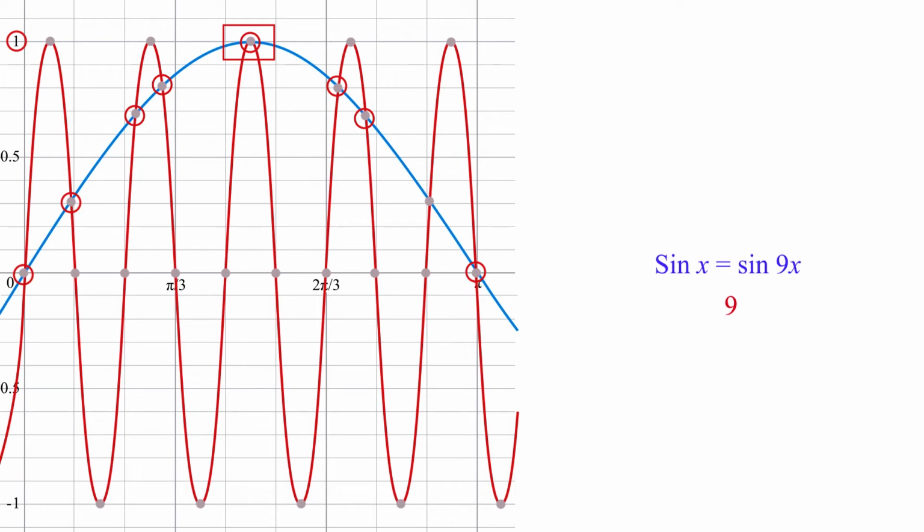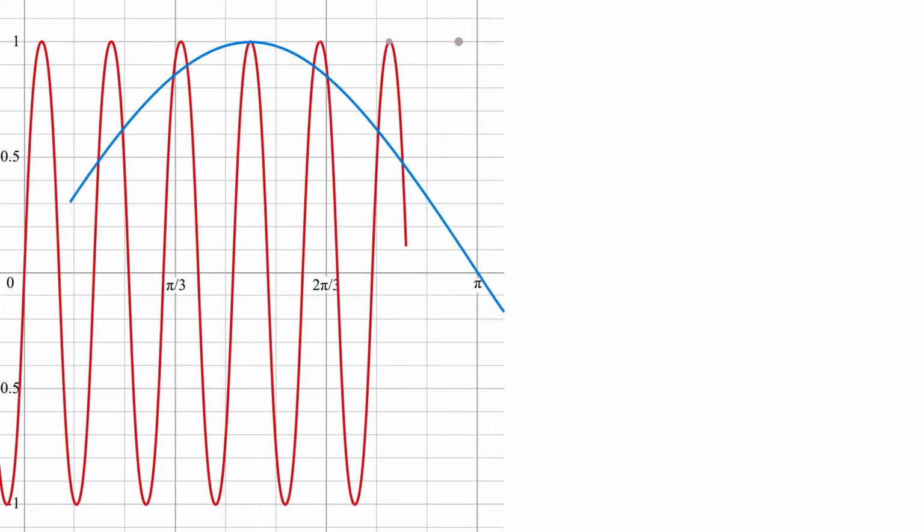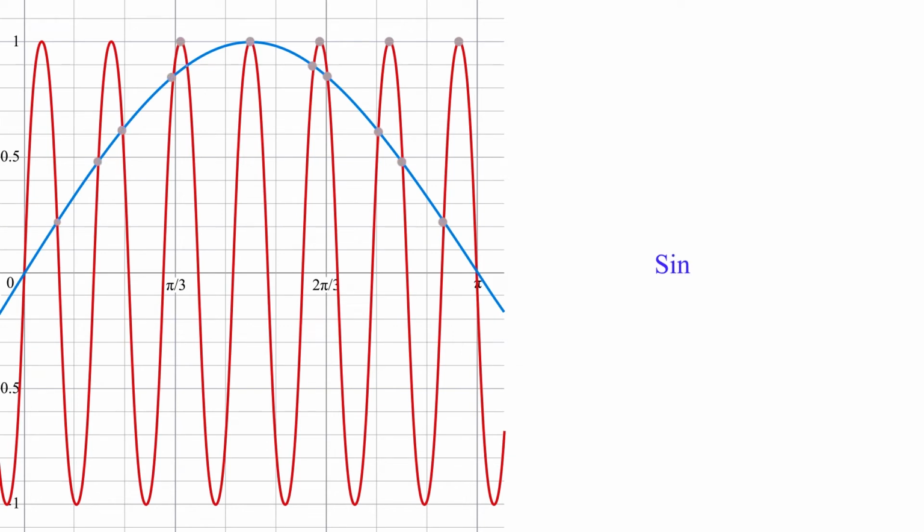middle of the graph. And similarly, when you have the graph of sine of x and the sine of 13x, you again get a similar situation. Why? Because both of those graphs have a value of 1 in the very middle.